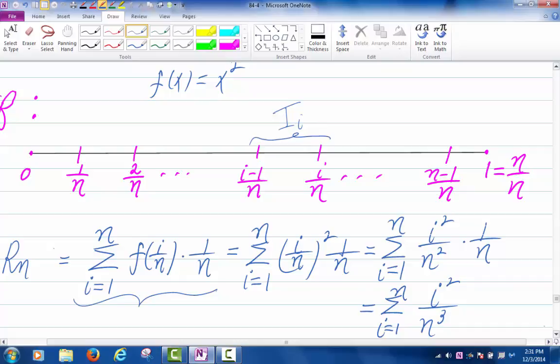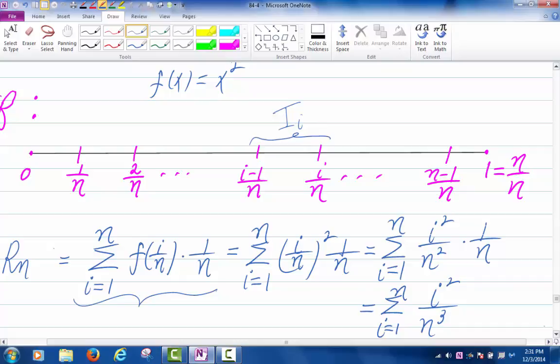What is f of i divided by n? What is f of x? f of x is x squared, right? So what is f of i over n? It will be the square of i over n, right? So you take the square of i over n and you get the second summation.